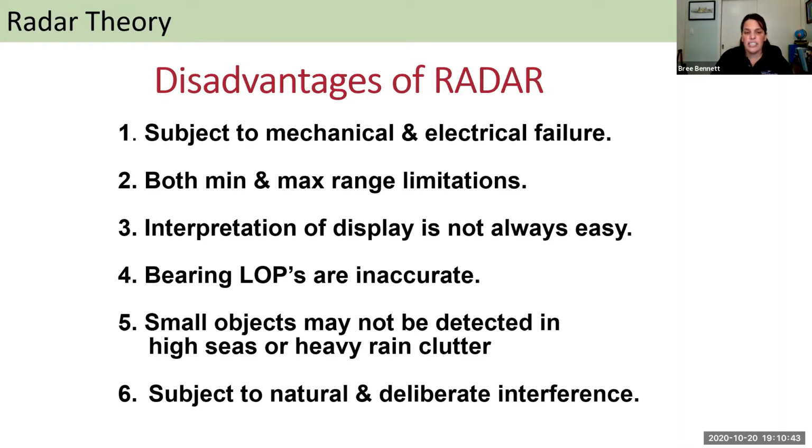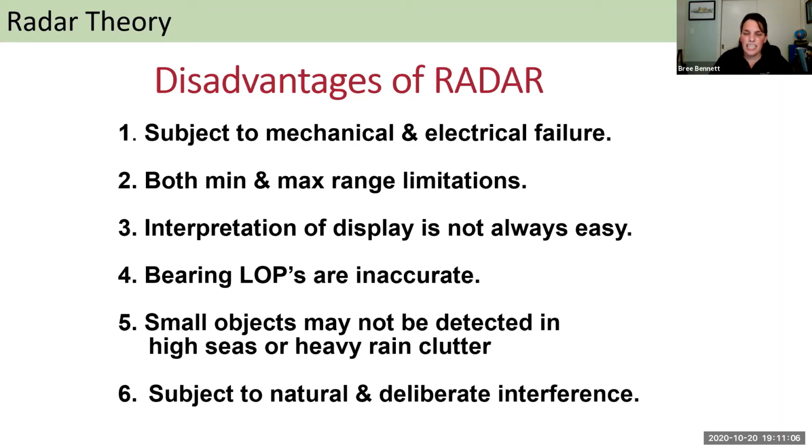Other disadvantages is that it's not as effective in the rain. When we see those squalls and there's a little tiny sailboat inside the squalls, that sailboat's going to be hard to see. When you have small objects hidden by other reflective things like water, it can be very hard to see.